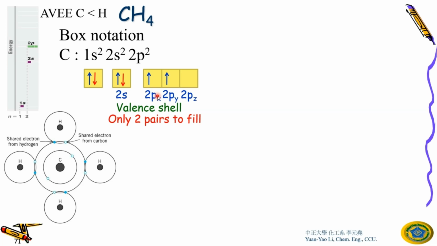So there are only 2 pairs to fill here, not 4 pairs. That's why Pauling thought that, well, in this case, carbon needs to share electrons with the hydrogen, but needs to have 4 equal energy electrons.